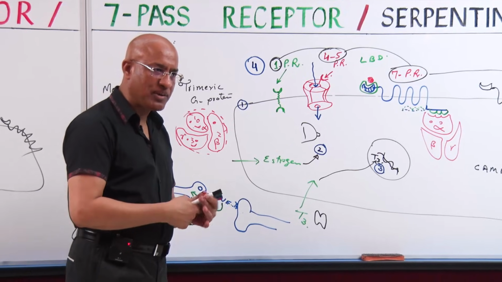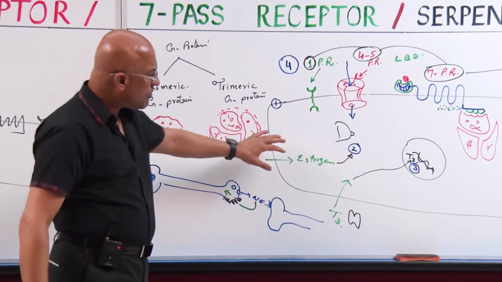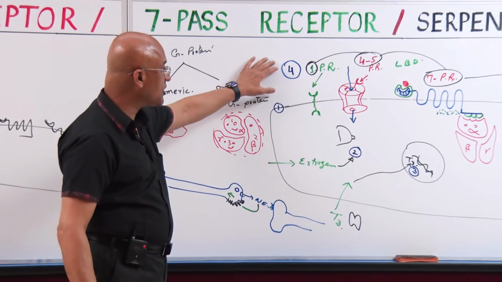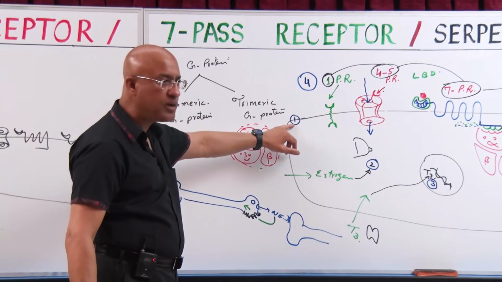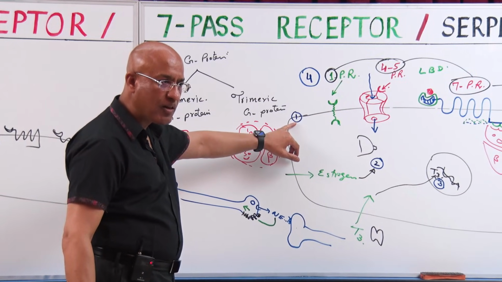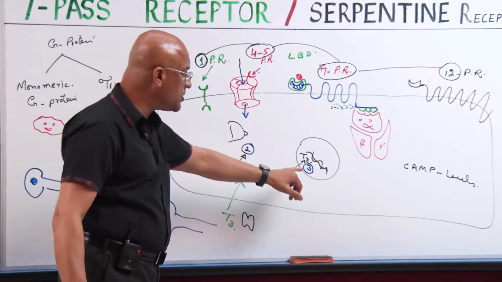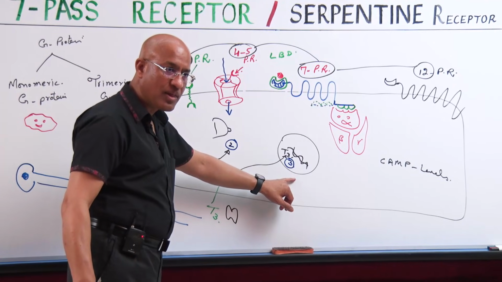So what we have discussed is that there are cellular receptors and extracellular receptors. Cellular receptors may be transmembrane or membranous receptors, and there can be cytosolic receptors or nuclear receptors.